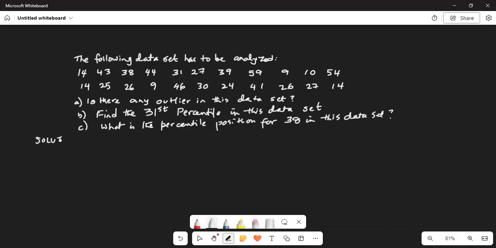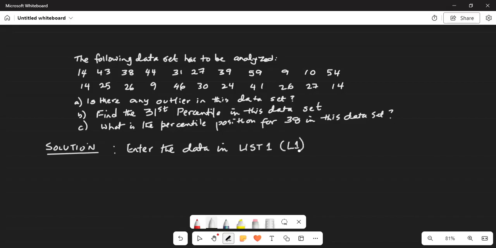Solution. Enter the data in list 1, which is short form is L1 in the TI-84 calculator.